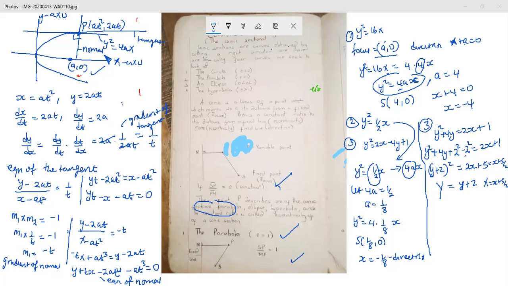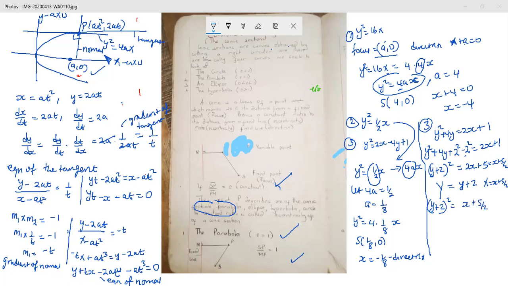Now, if you want to get the focus, of course, what we have intended here is to first make the coefficients of x and y be 1. For example, you see y plus 2, the coefficient there is 1, is equal to x plus 5 over 2.